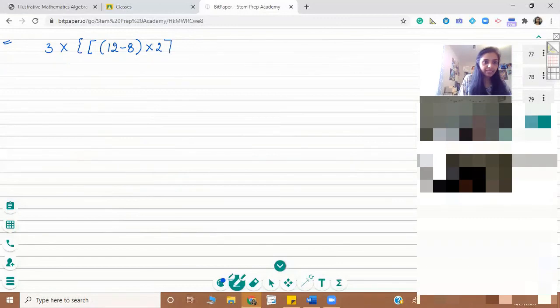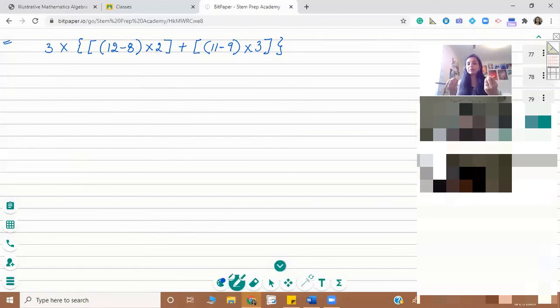And I'm closing this bracket also. Plus, I am putting one more square bracket. Within that, there is one more round bracket. Times 3. Do it very carefully and copy it down very carefully. You have got 3 brackets, and remember, you have to start from the innermost parenthesis.